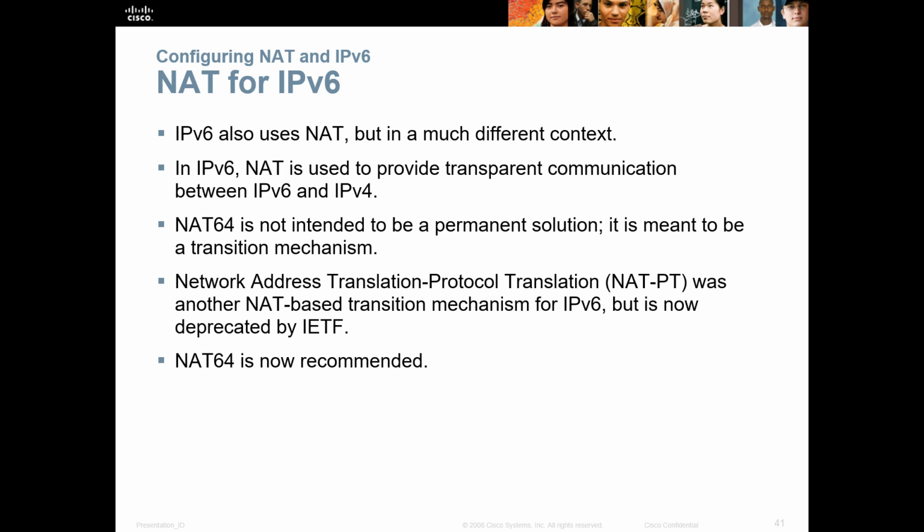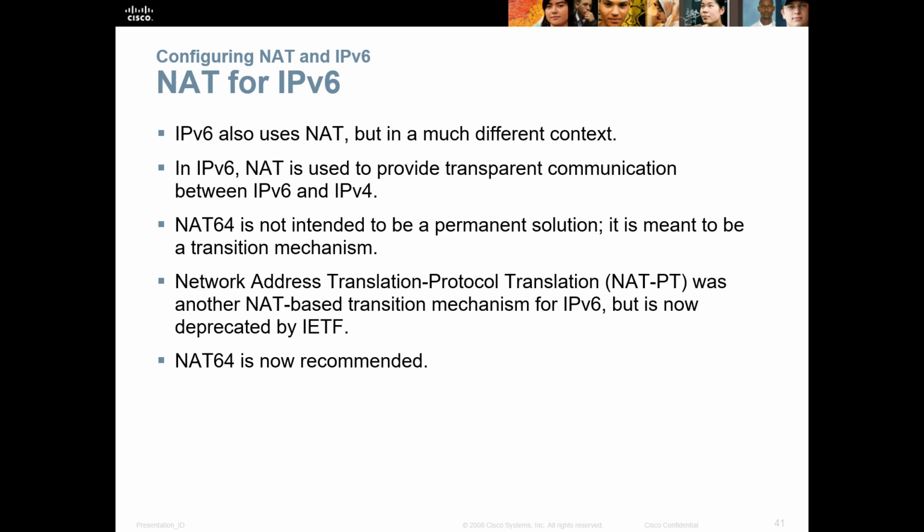NAT for IPv6 again. IPv6 also uses NAT, but in different contexts. NAT64 is used to provide transparent communication between IPv6 and IPv4. NAT64 is not intended to be a permanent solution. And there's also other types of NAT functionality for IPv6 to 4.